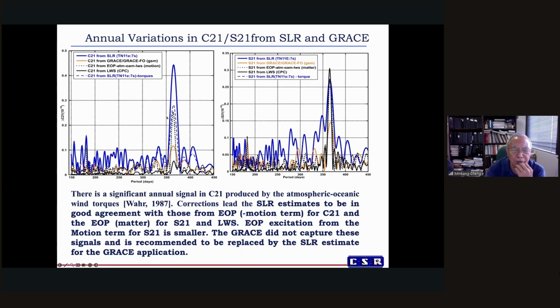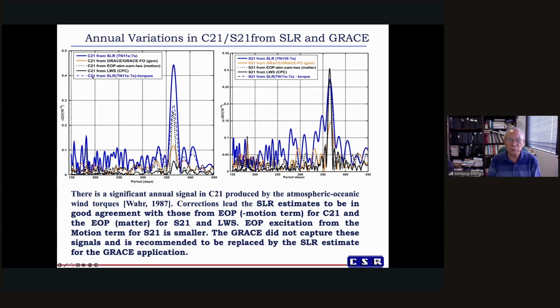This one, the other one, is from the EOP minus atmosphere and ocean motion terms. The second, smaller one is from the hydrologic signal. The interesting thing is that the SLR-determined annual signal is very large compared to this one.